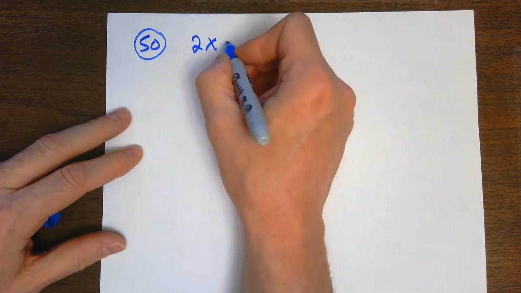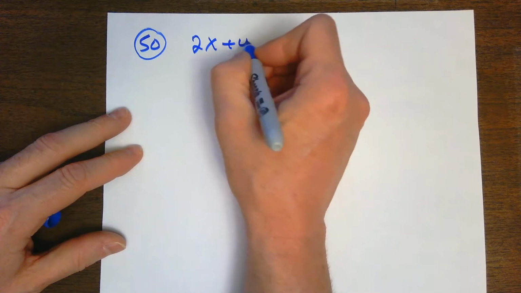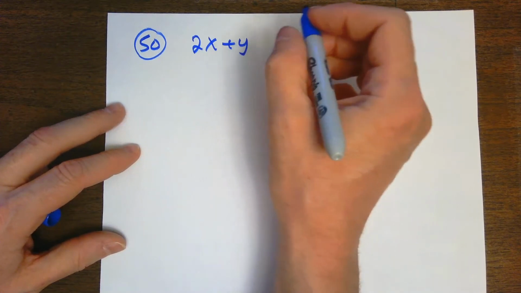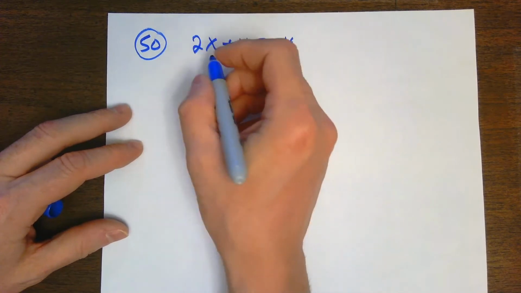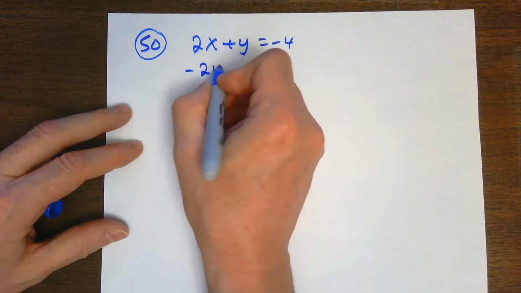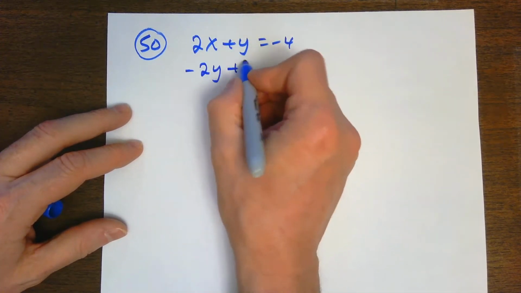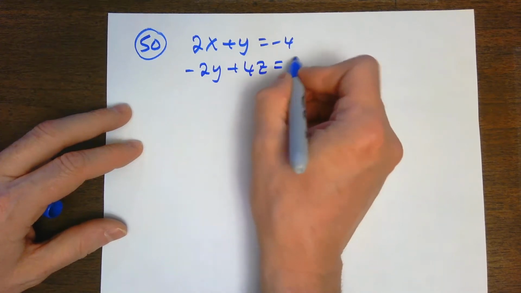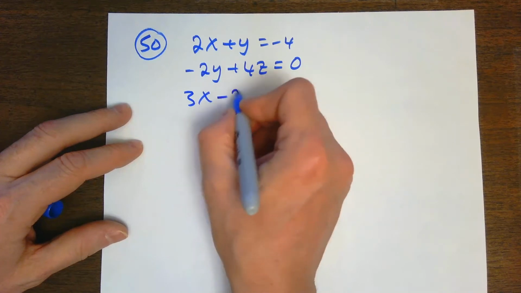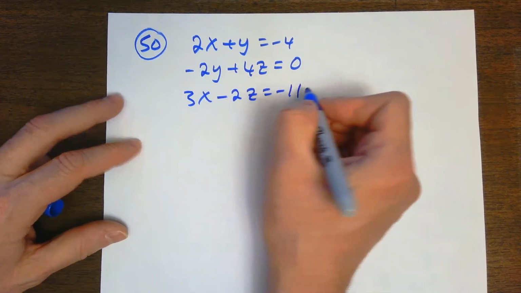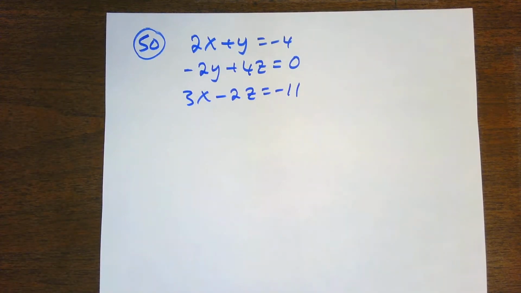It says 2x plus, well, no, number 50 is a weird one, equals negative 4, and then negative 2y plus 4z equals 0, and 3x minus 2z equals negative 11. Let me make sure I've copied that down right.